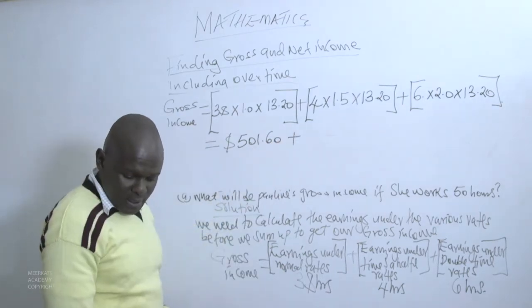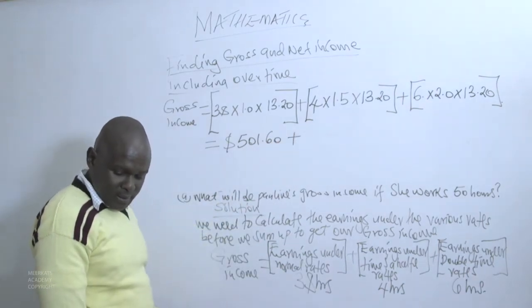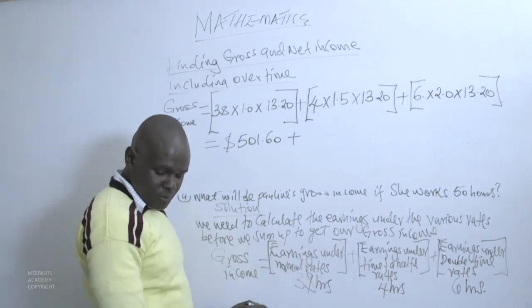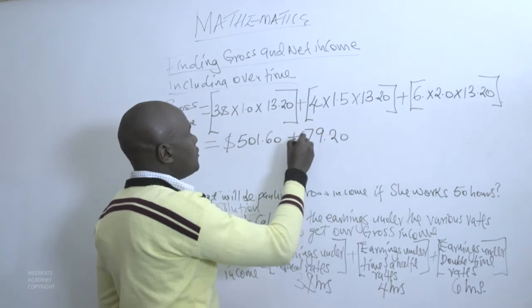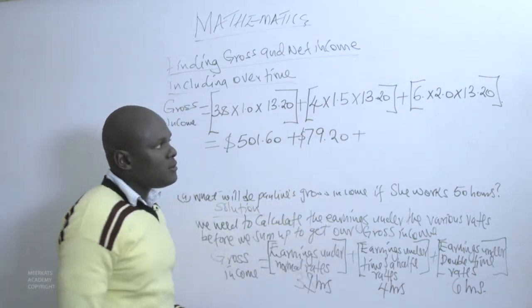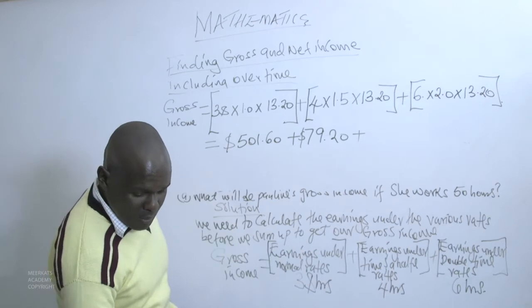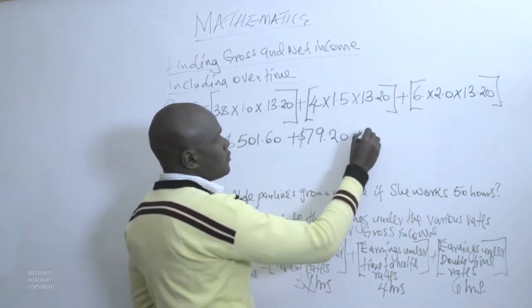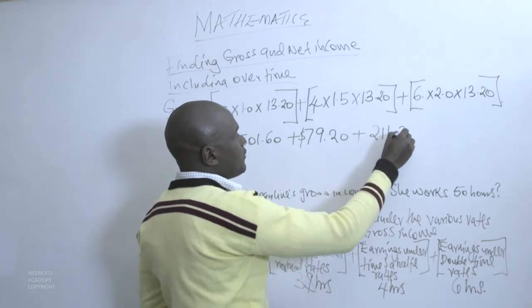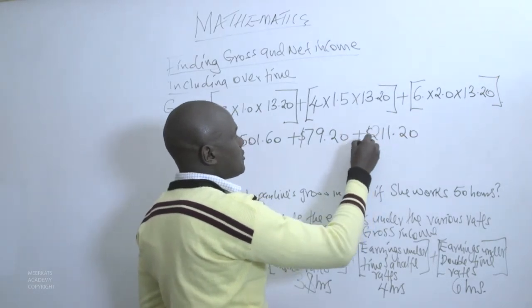In our second bracket, we will get $79.20, and in our third bracket we will get $211.20.